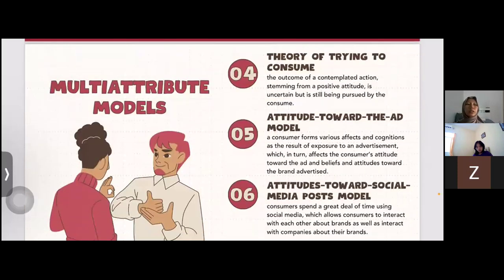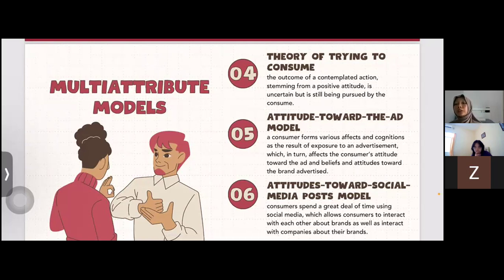The fourth one is theory of trying to consume. The outcome of a contemplated action stemming from a positive attitude is uncertain but is still being pursued by the consumer. And the fifth is the attitude toward the ad model.